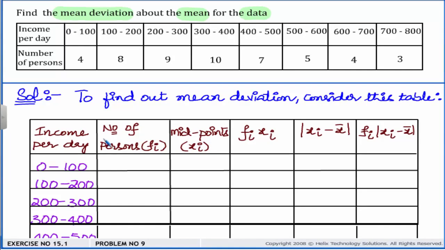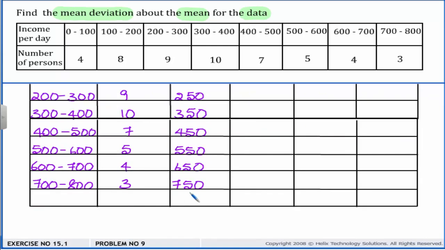In the second column we have number of persons, which can be represented by fi. Now let us find out the midpoints of this. We will be getting 50, 150, 250, 350, and so on up to 750.